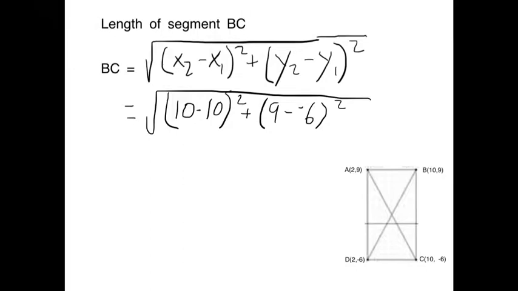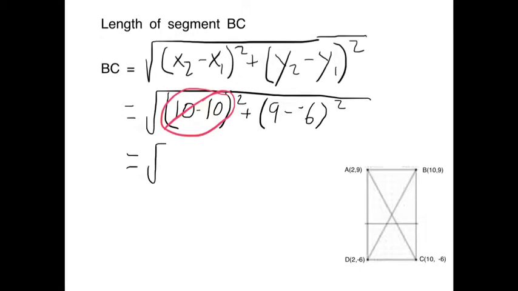Subtracting a negative, I hope you remember, is the same as adding a positive. In other words, subtracting a negative, the negatives cancel. And over here, 10 minus 10, again, is 0. So this part of the distance formula just goes away.